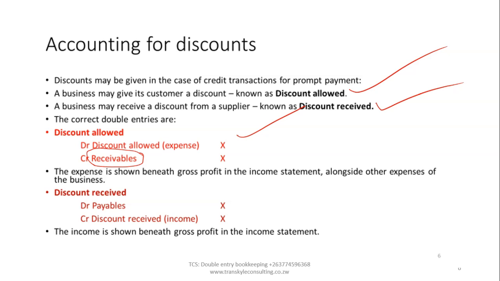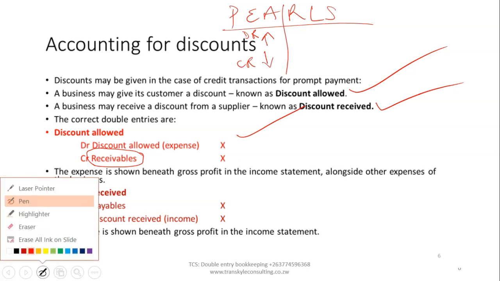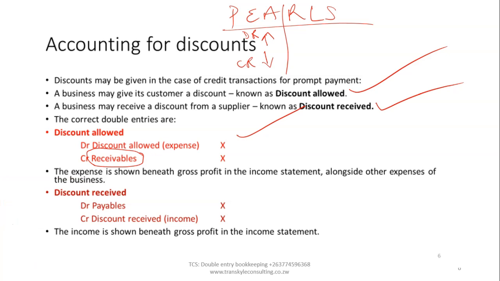Receivables are assets. So from our PEARLS acronym, please always remember it: we said that if we are increasing this side, we are debiting. But when we want to reduce this side, we credit. This is why you are seeing these receivables. They are assets, but they are being credited because they were $100 initially, but because we have given a discount, they have been reduced to $90.